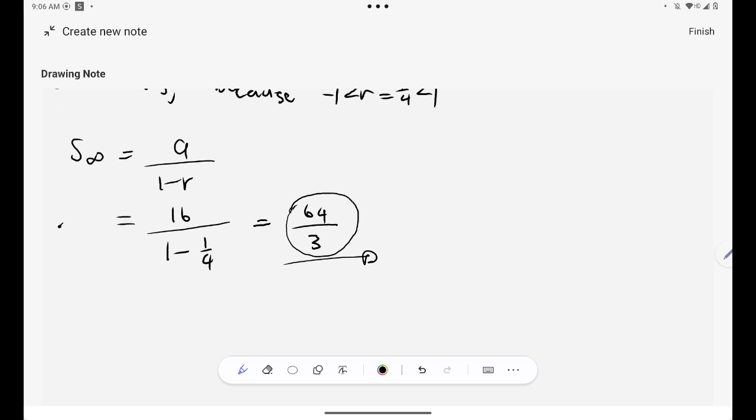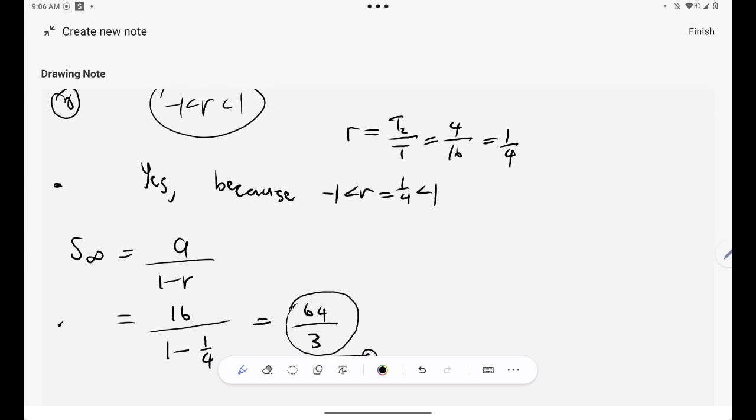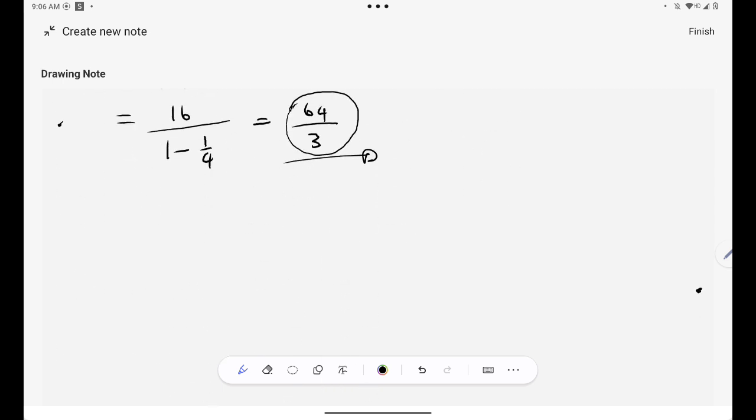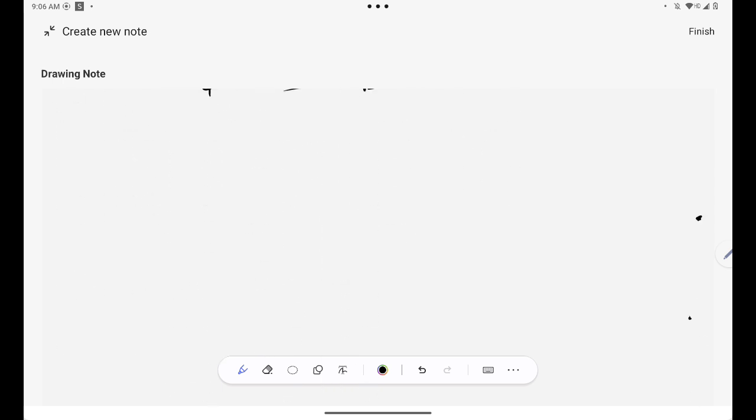Right, together. And then maybe the 8th question was going to say, represent the sequence in sigma notation. I'll do it in 2 ways because we did calculate the sum to infinity as well.